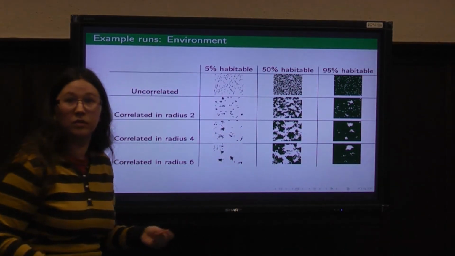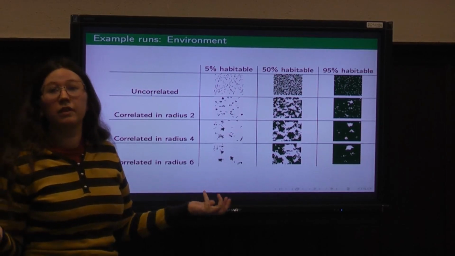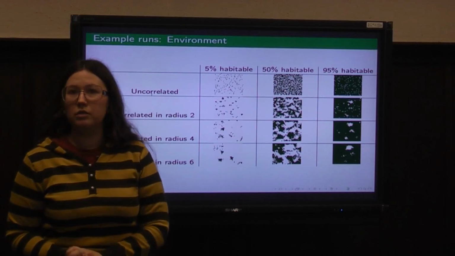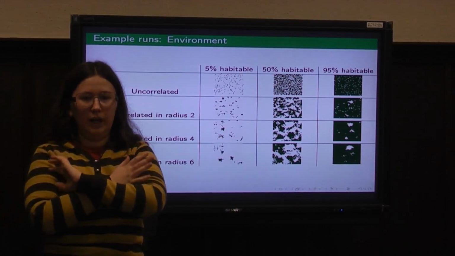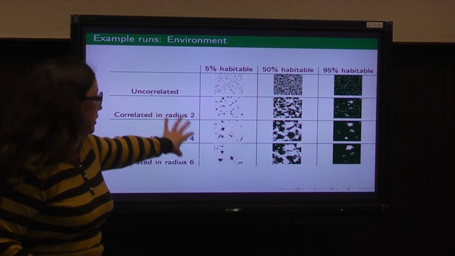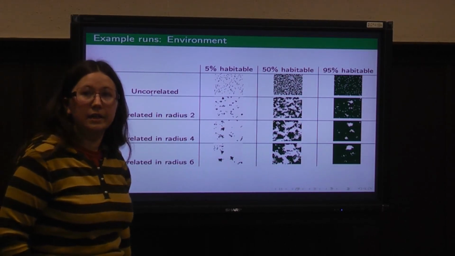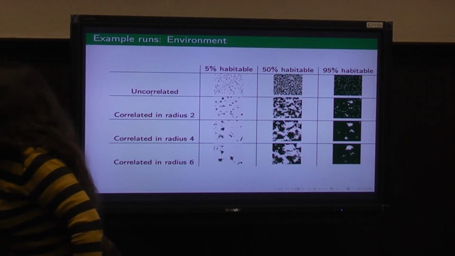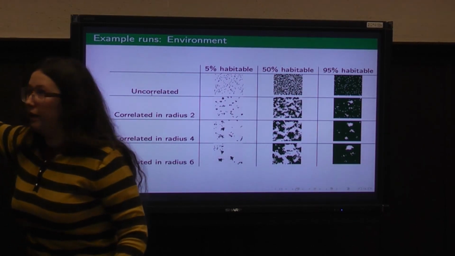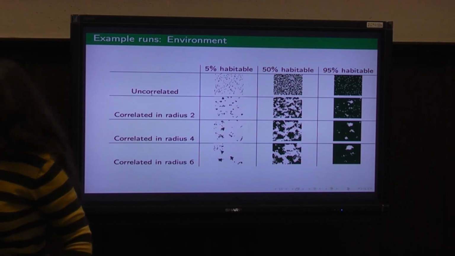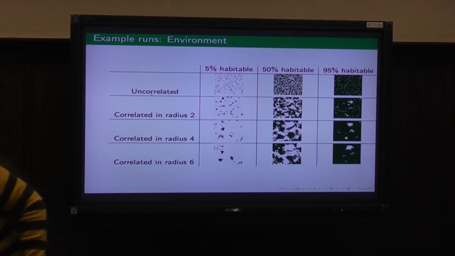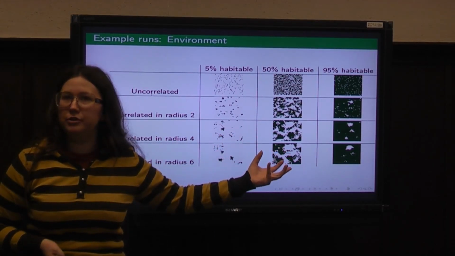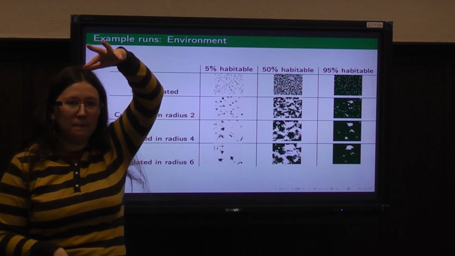Can you talk about how you're actually constructing those landscapes? Sure. So the way that we're doing it is we start with just random noise, and these are actually all generated from the same noise seed. Basically you have a big array of noisy values that you generate between -1 and 1.